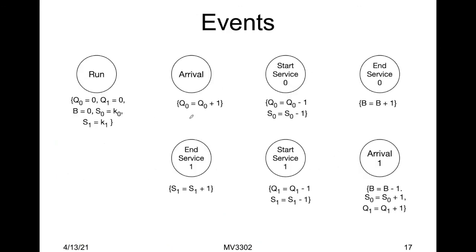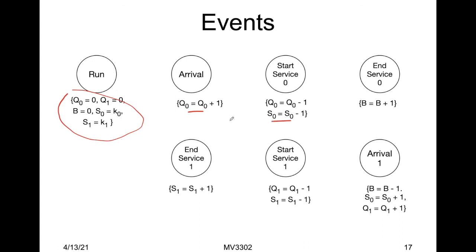So when we look at the events, again, always start with run. We initialize our state variables, the queues to 0, the number of blocked parts to 0, and the number of available machines at each station to the total number of machines. And things look very similar to start. So in arrival, we increment our queue at the first station.